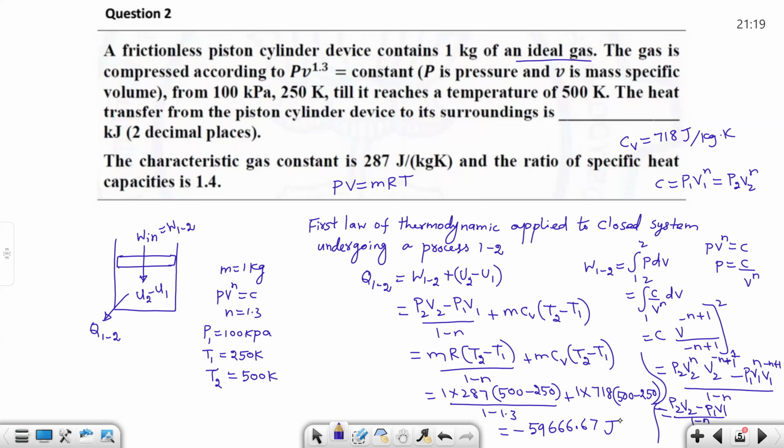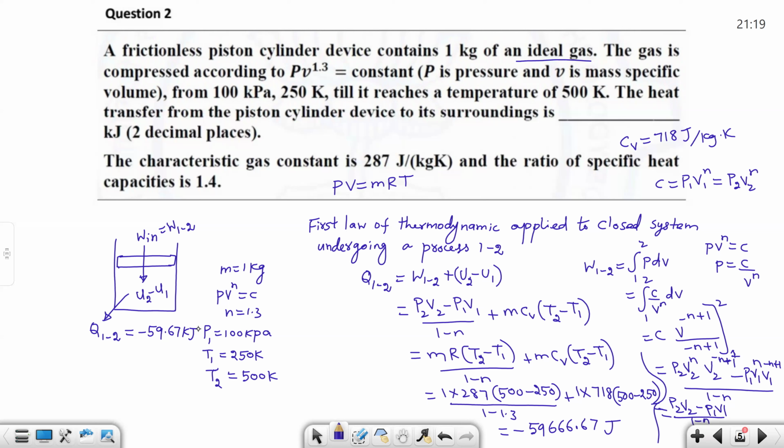So this you can write in terms of kilojoule, minus 59.67 kilojoule. So the heat transfer will be negative because the heat is going out.